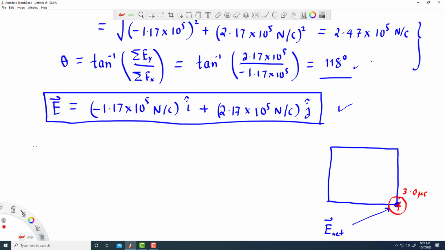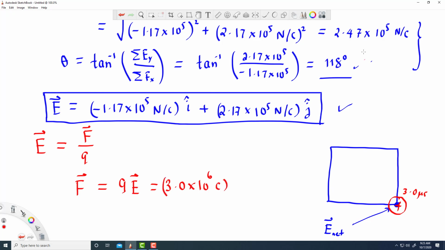Okay, so we know that from the definition, electric field is the force felt by some charge q naught, or it could be some other charge also. Let's just say q. Okay, and if we want to find the force, then rearranging this equation, we can write q times E. In this case q is 3 microcoulombs, 3 times 10 to minus 6 coulombs, and the electric field at that point is that.